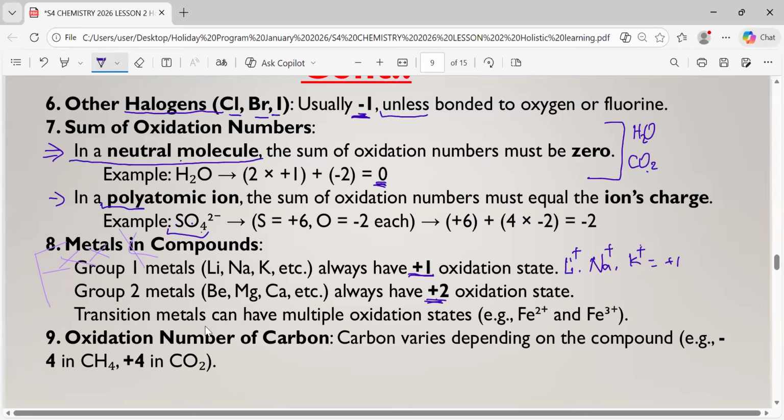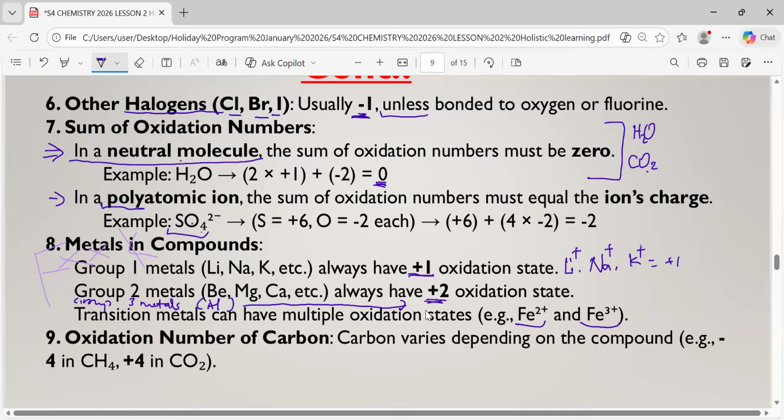Transition metals can have multiple oxidation states, e.g., Fe +2 and Fe +3. So you have iron 2, iron 3. The transition elements can have a different case. But if you come to group 3, which we didn't put here, group 3 also has metals like aluminium. Aluminium has which charge?